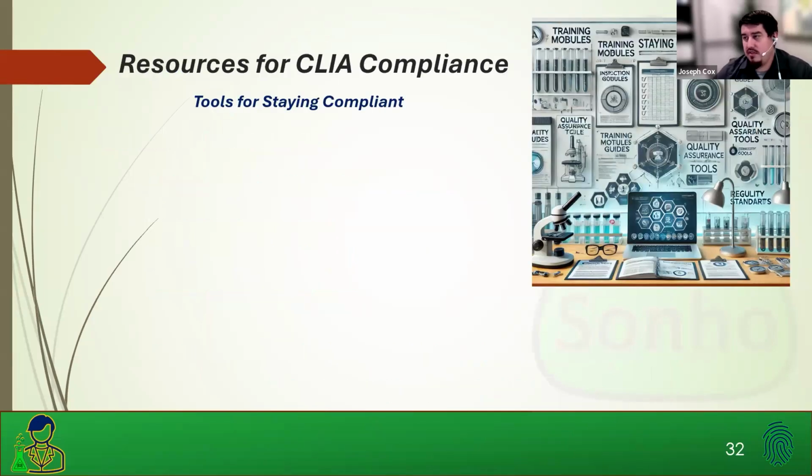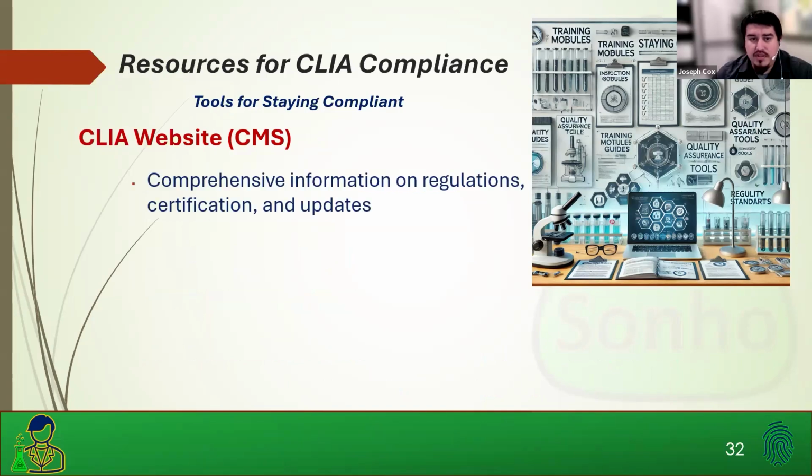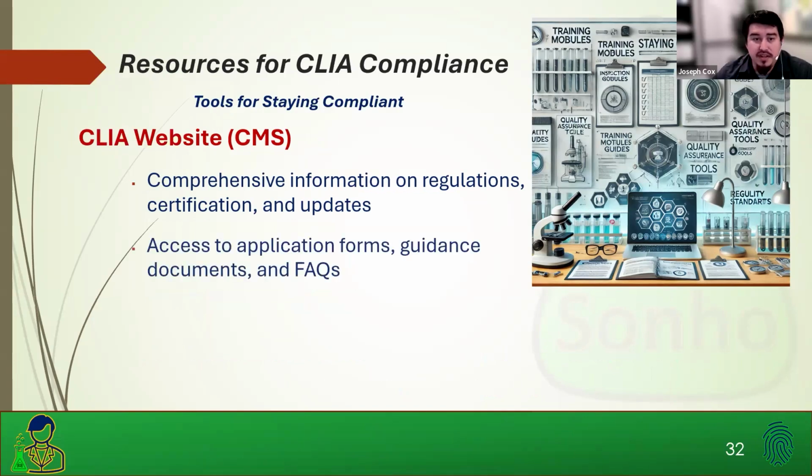So, some resources, some ways to stay CLIA compliant. The CLIA website, the CMS, has a lot of information on there. It's comprehensive information on regulations, certifications, as well as updates. That's where you'll find a lot of your application forms, some guidance documents, as well as FAQs. There are some state-to-state variations.